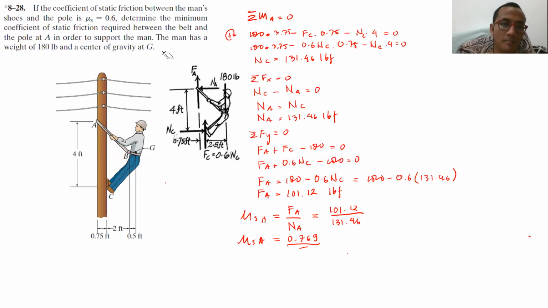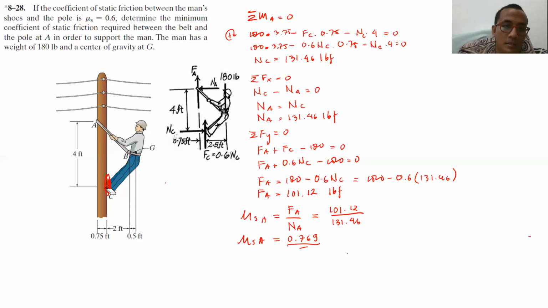The belt is connected to the person, and the belt itself is directly connected to the pole at A. There is no pin, no lock or whatsoever. At A, there is a friction between the belt and the pole, and besides that, there is another friction between the shoes of the man and the pole as well.